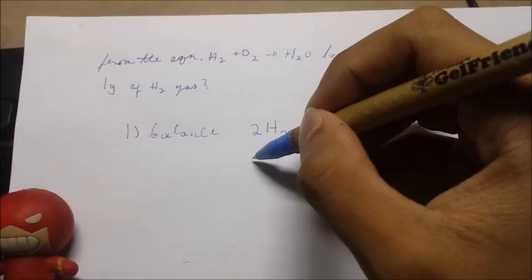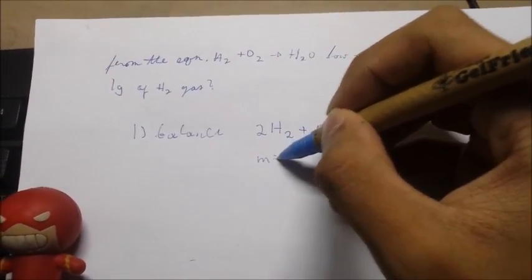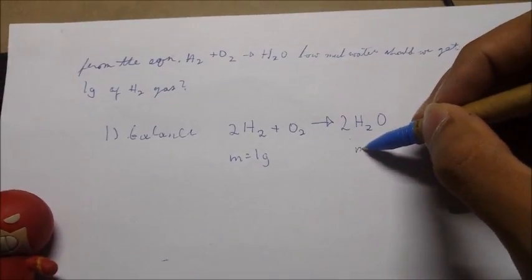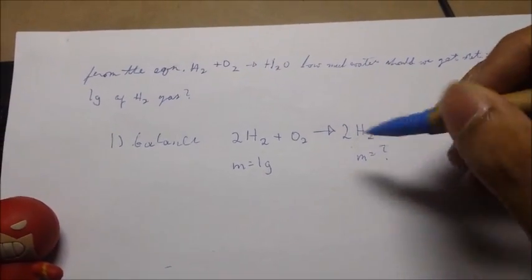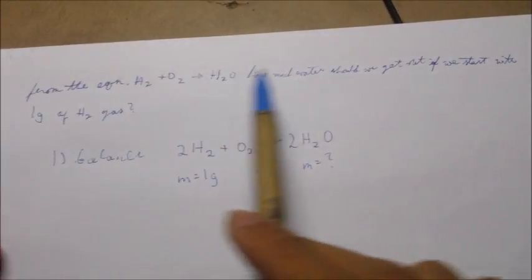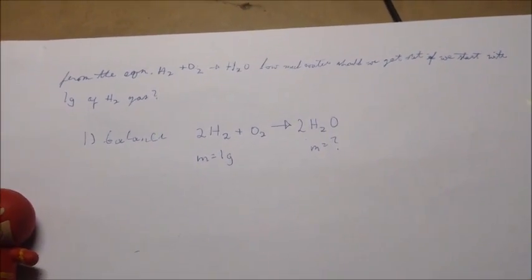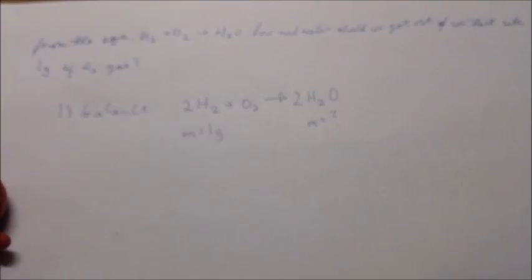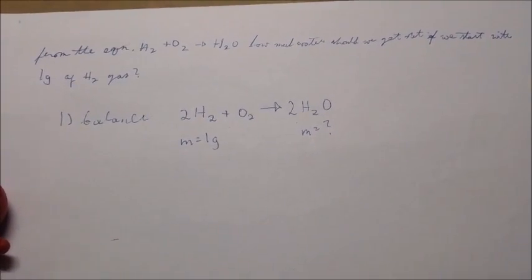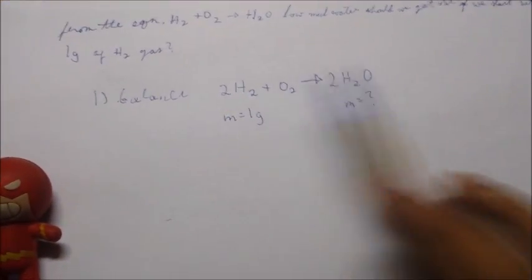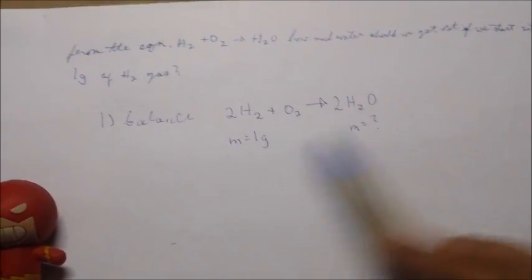We're going to start off with the mass being 1 gram on this one, and the mass on this one we still don't know, because that's the question. How much water in a gram of hydrogen gas?